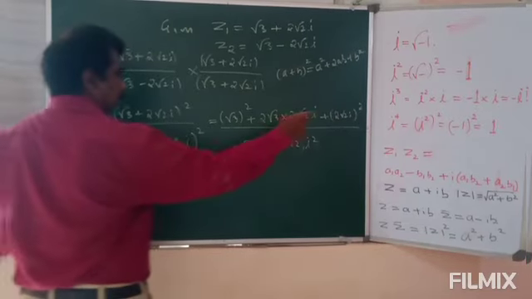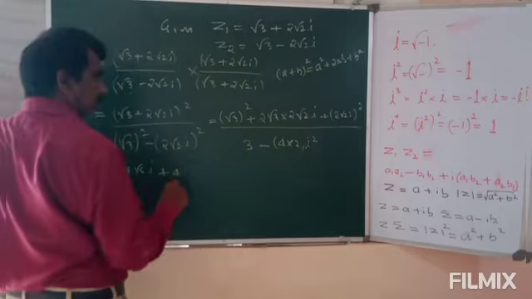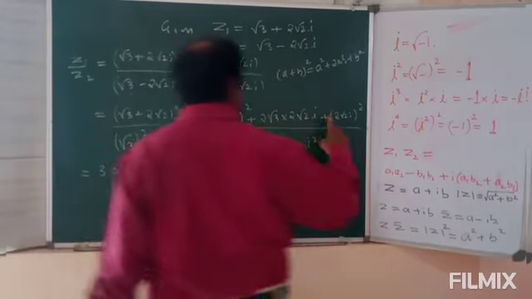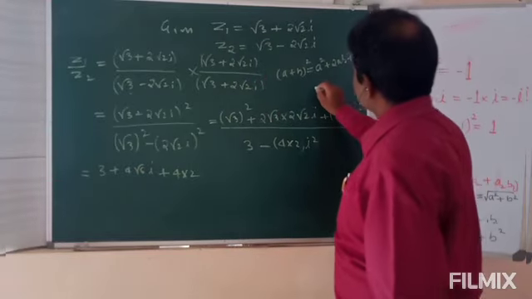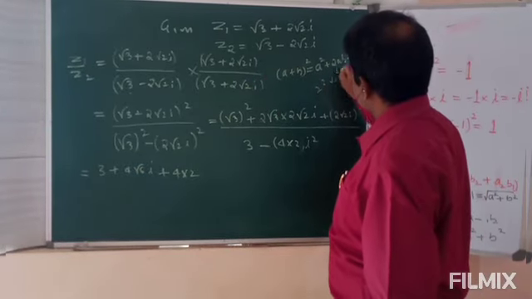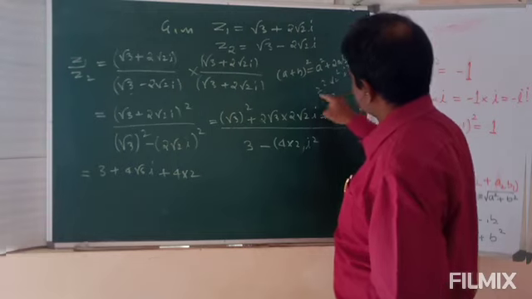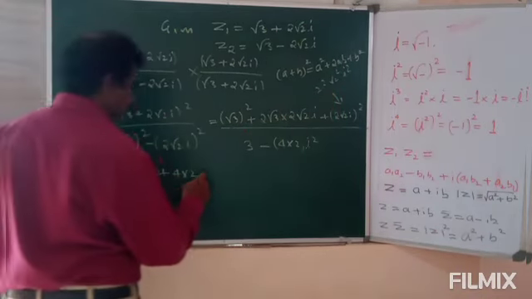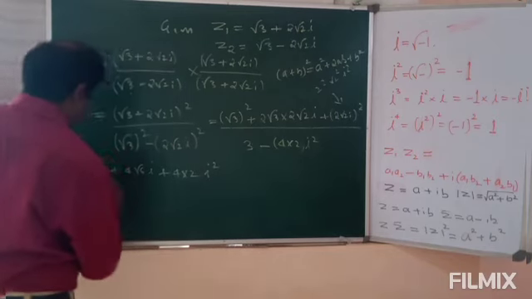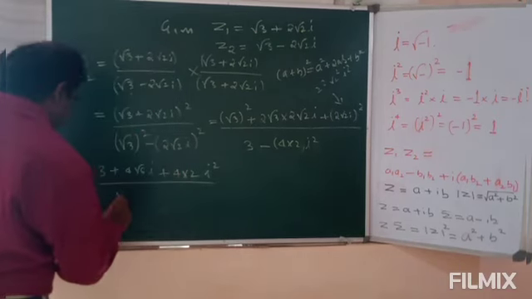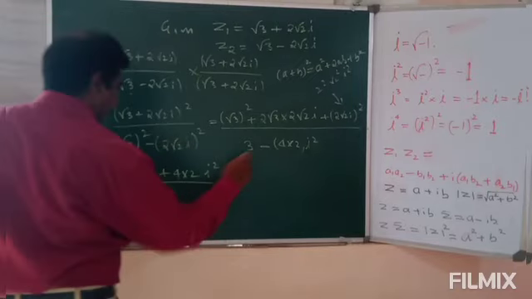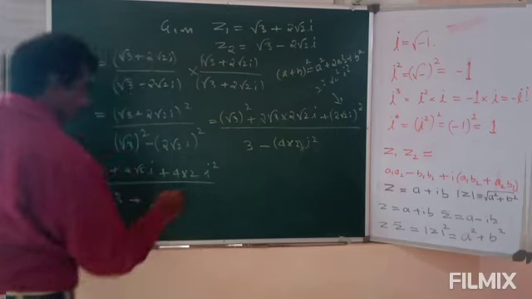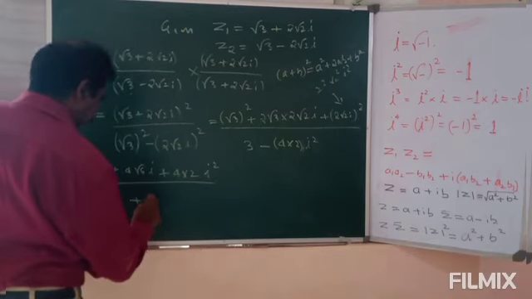Plus 2 square is 4, root 2 square is 2, i square. 2 square is 4, root 2 square is 2, divided by 3 plus, because i square is minus 1, minus into plus, 4 into 2 is 8.